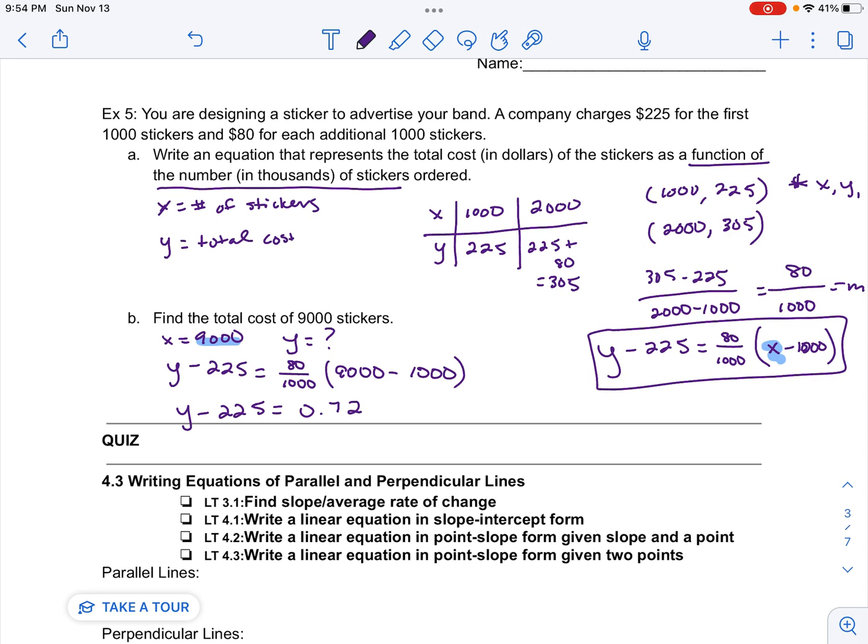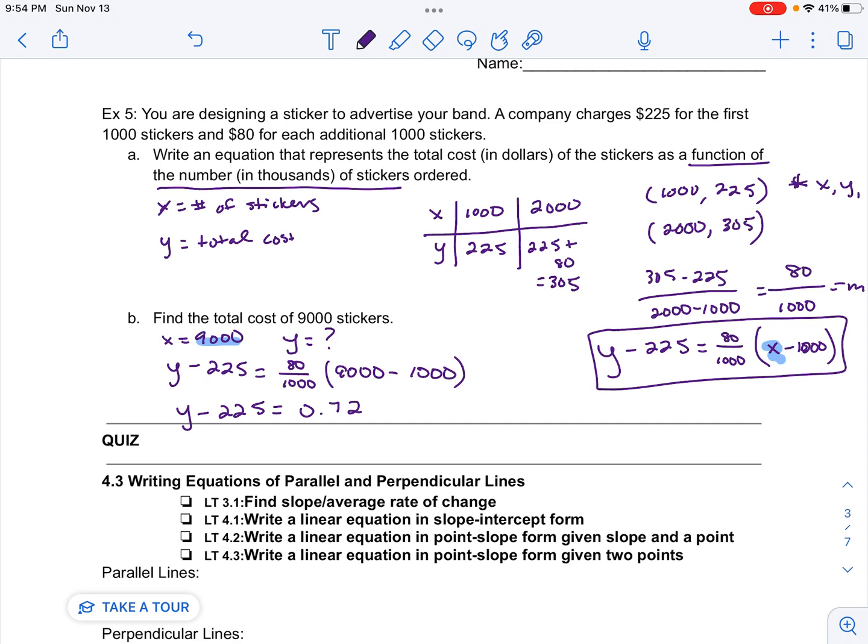Sorry, I was working on a different function here, and it's just not working how I want. So you should get 640.